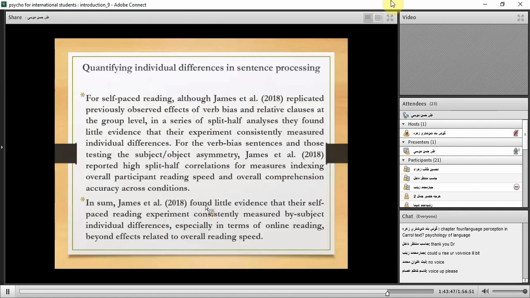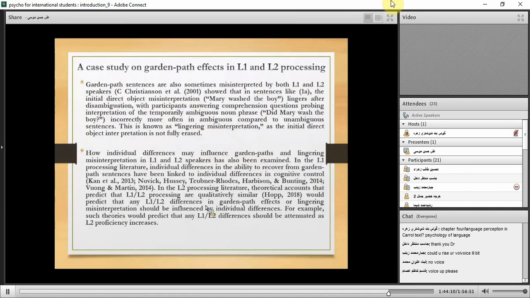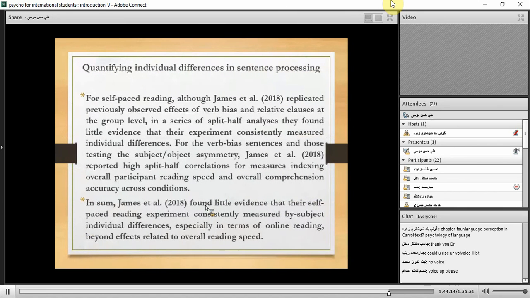James and others reported high split-half correlation for measures indexing overall participant reading speed and overall comprehension accuracy across conditions. This indicates that their self-paced reading experiments could consistently distinguish slower from faster readers.